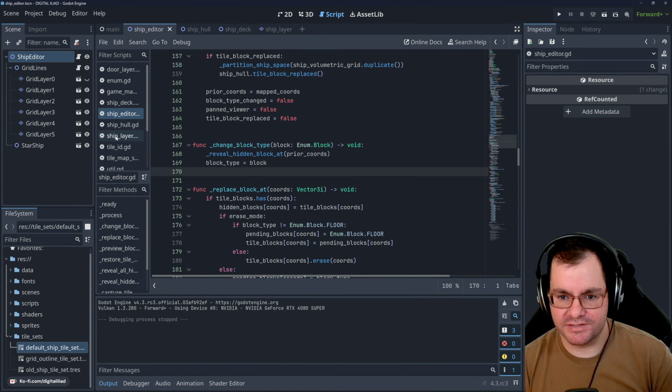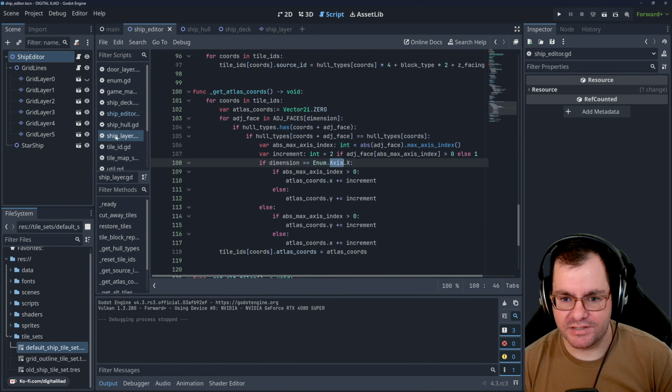So that's in our hull types code. Get hull types. Ship hull.tile blocks. Ship hull is equal to block type. So we're not updating tile blocks somehow.